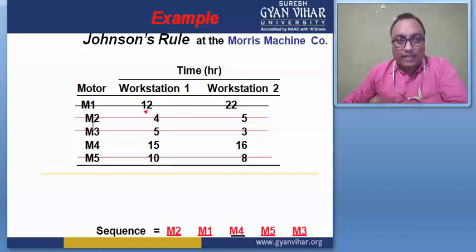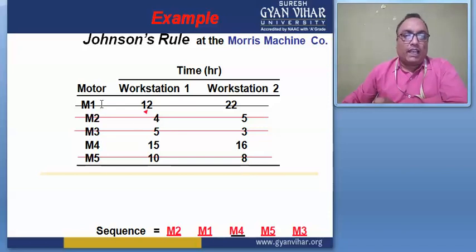At this time M2, M3 and M5 are crossed. Only M1 and M4 remain, two rows. In these, which is the lower element? 15 and 12, so 12 is the lower element.